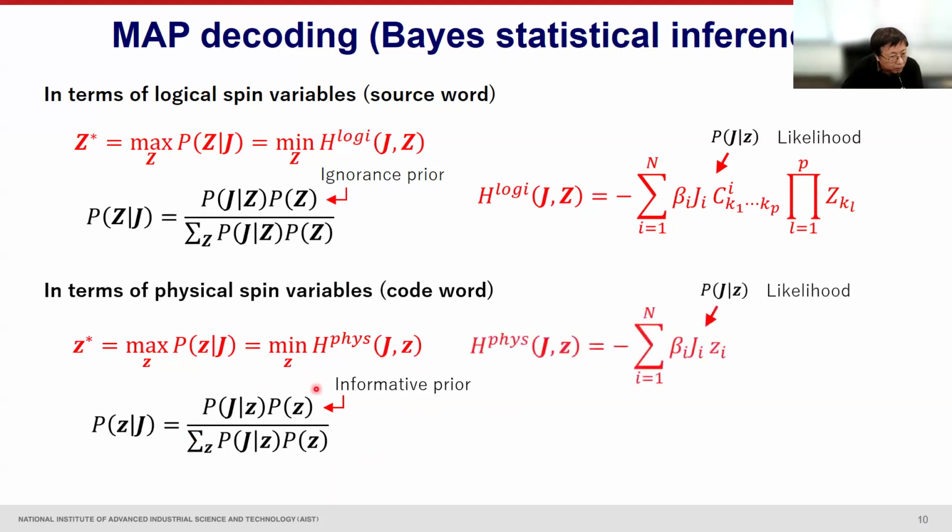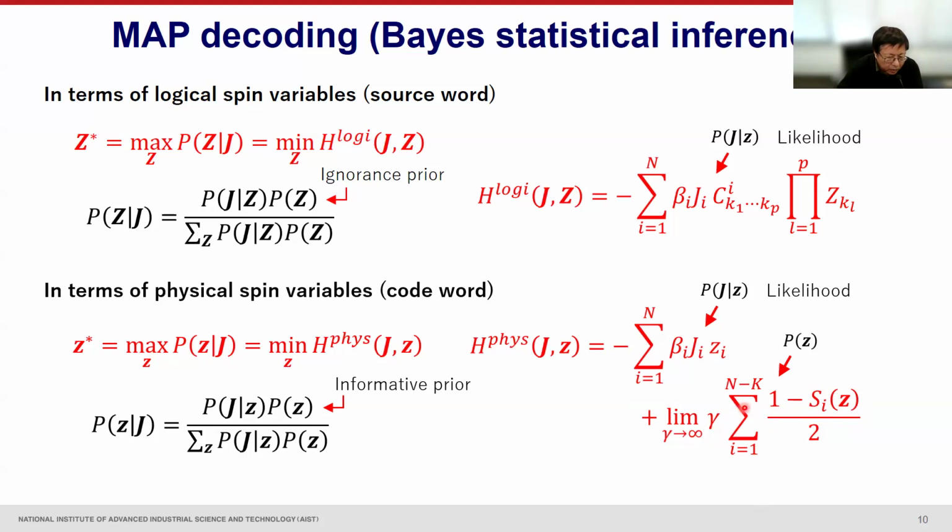And the problem leads to minimizing the Hamiltonian of physical spins.